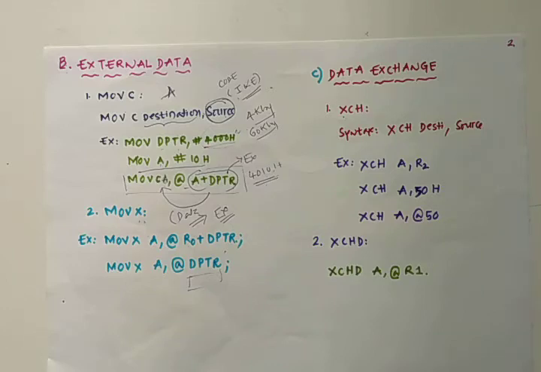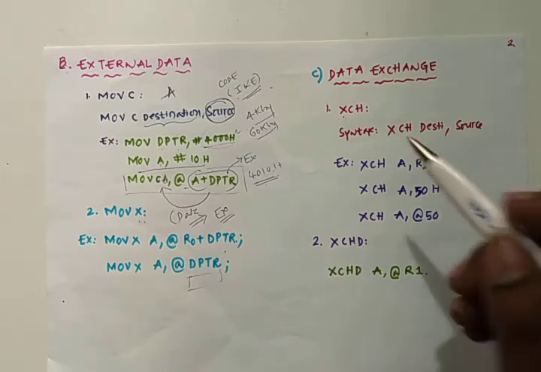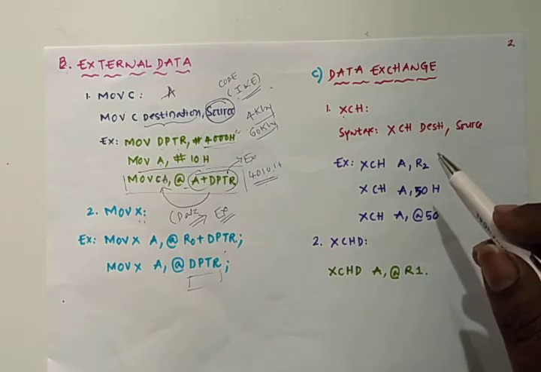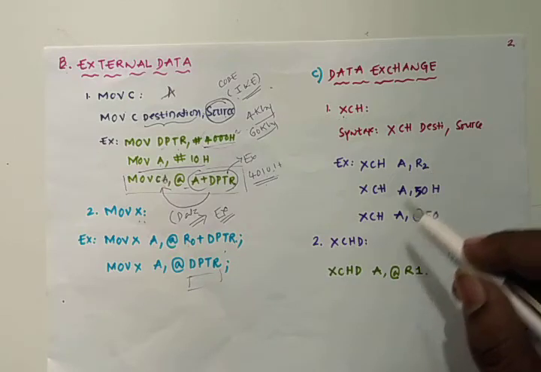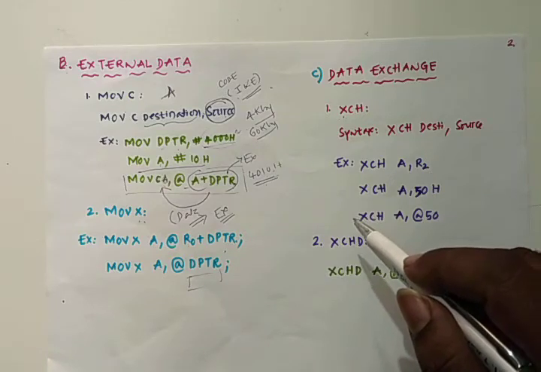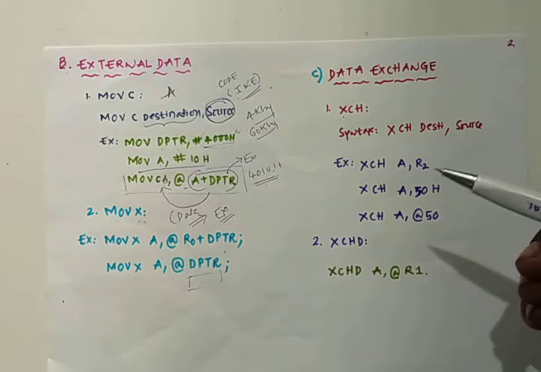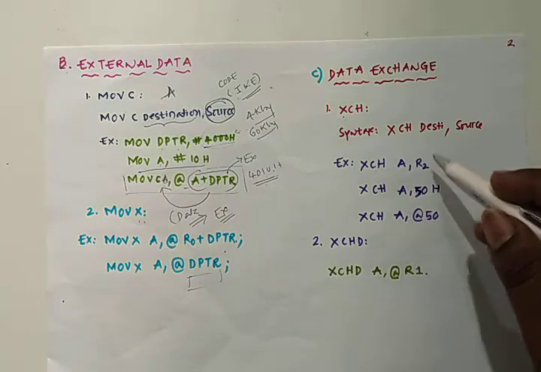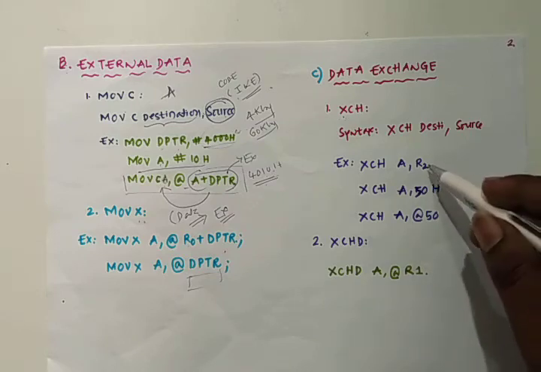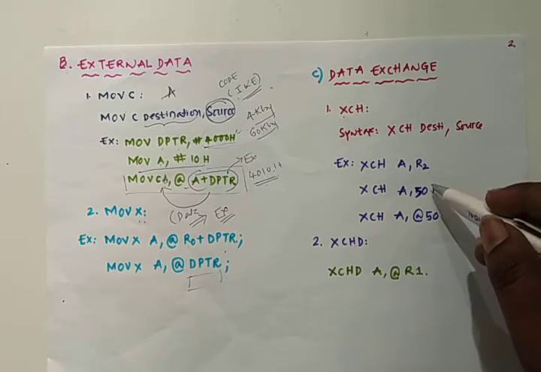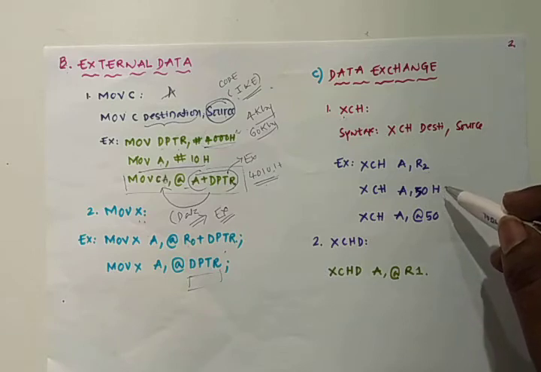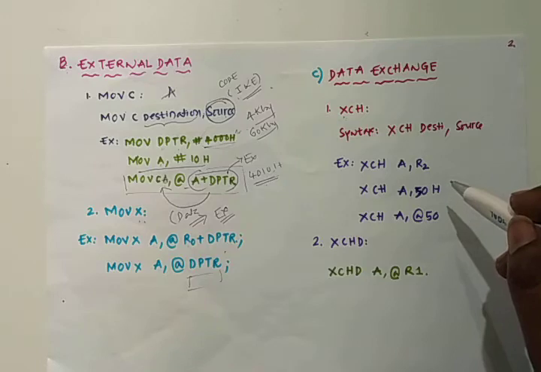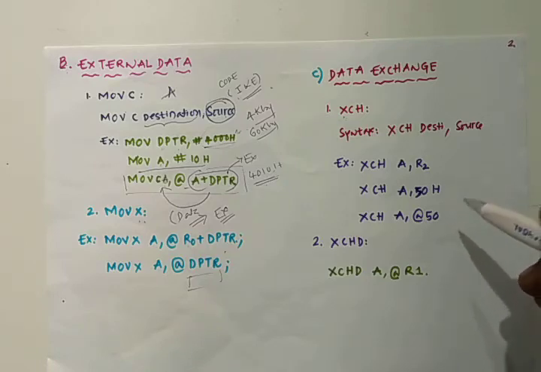So here the exchange instruction exchanges the data between the destination and source. The destination is the accumulator, source can be a register or internal RAM or the special function register. Simple thing here, destination must be the accumulator, but the source may be any internal register or any special function register.